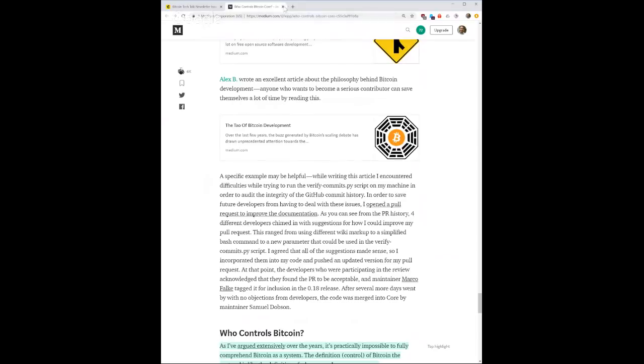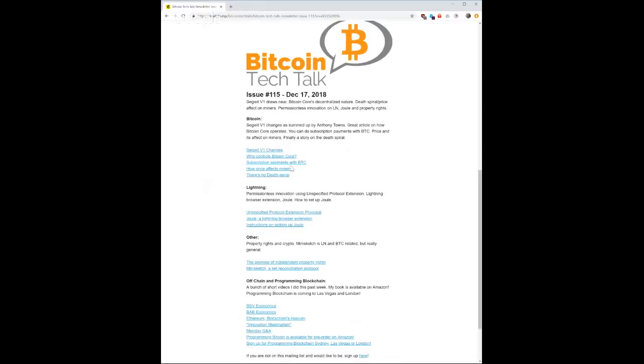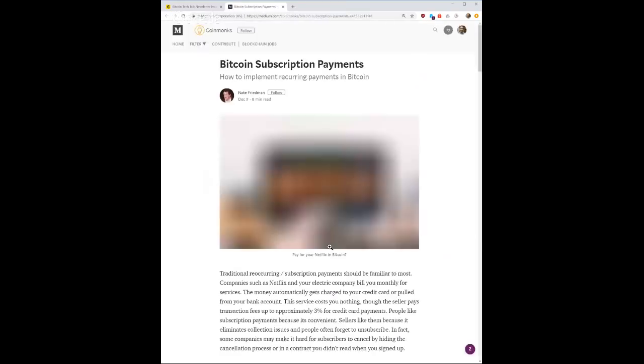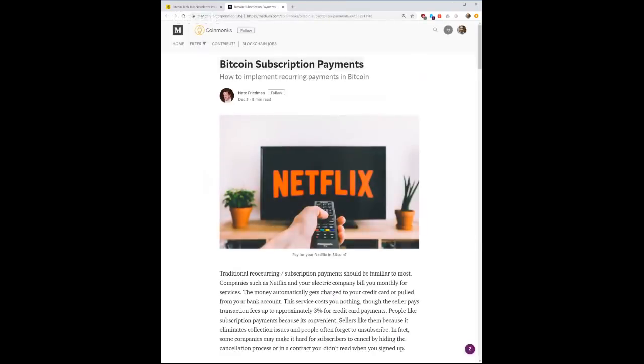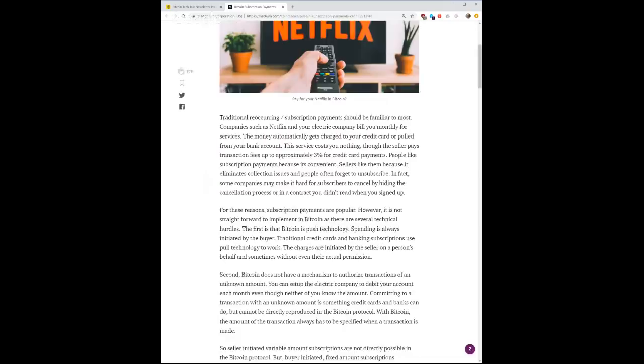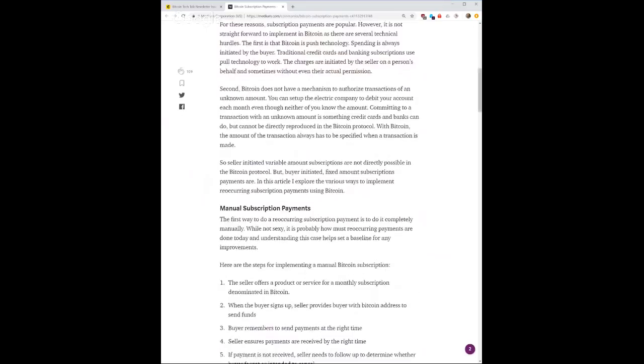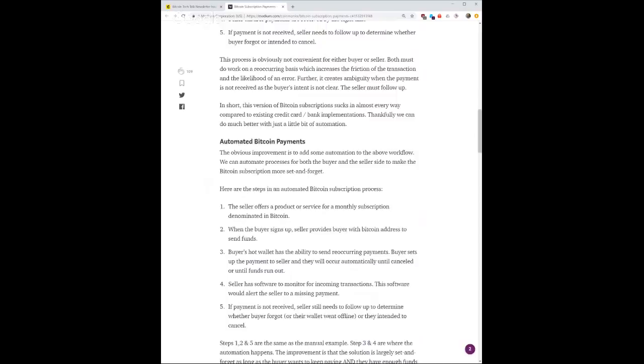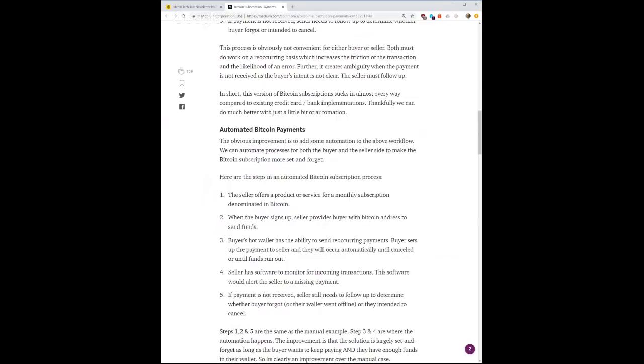All right. So great article there. You should take a look at it. Here's another one, subscription payments with Bitcoin. That's an interesting concept because you can't really do subscription payments that easily with Bitcoin, but that tends to be a giant use case for a lot of people. And this is something that credit cards are extremely good at.